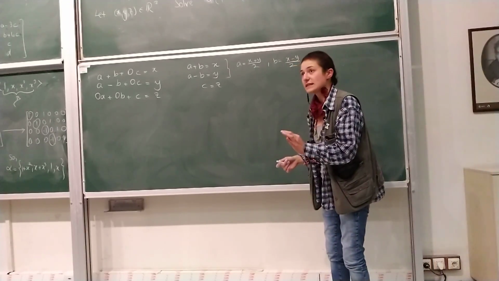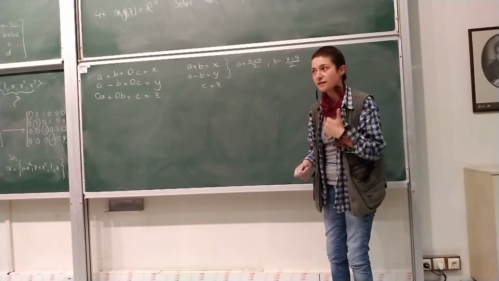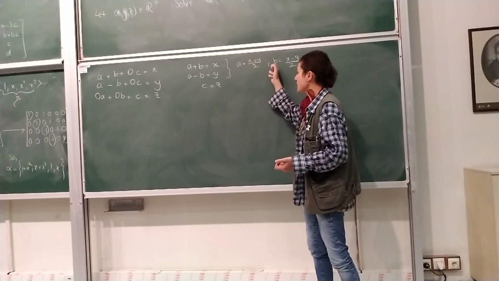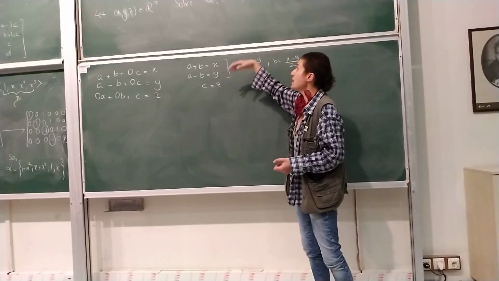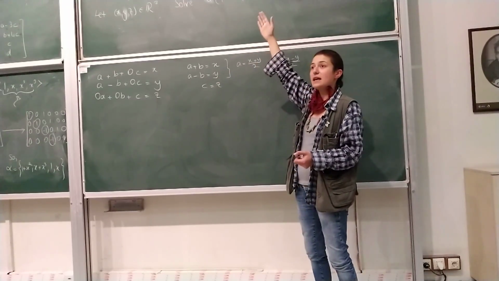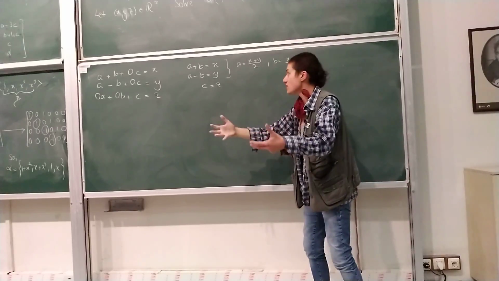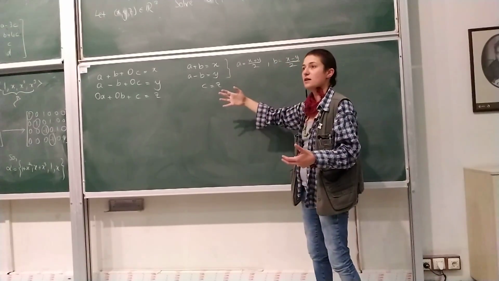So this means whatever X, Y, Z you give me, I can find A, B, and C so that the linear combination of vectors in B can generate this X, Y, Z for me. Okay?